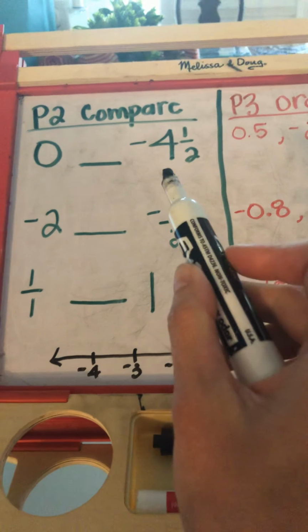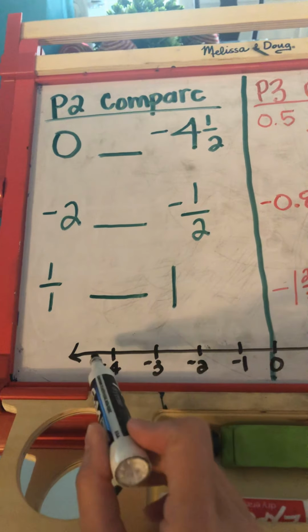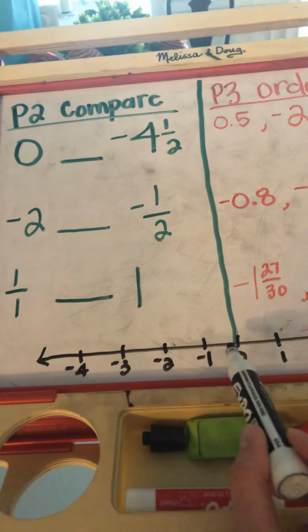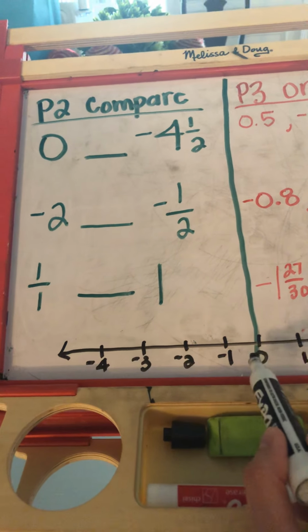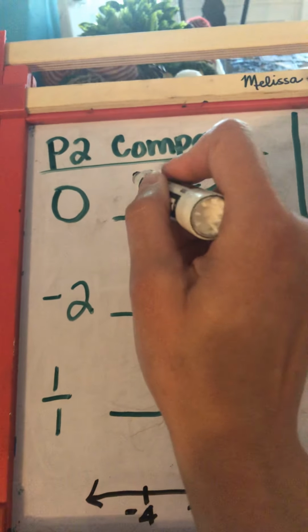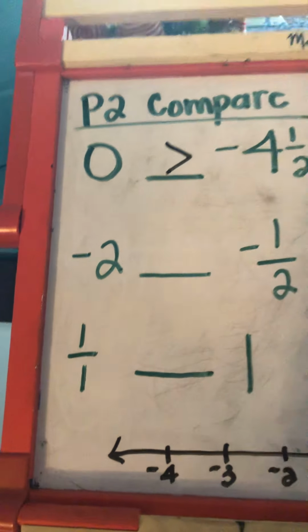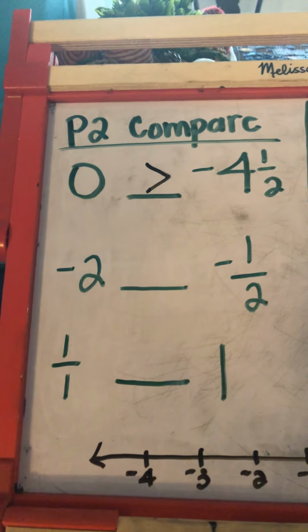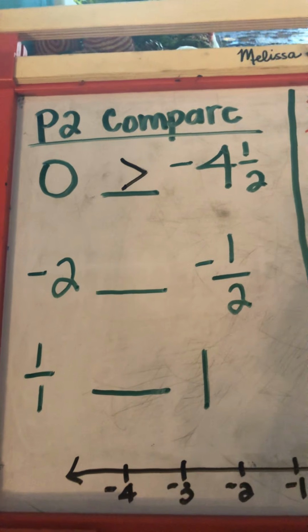So -4.5 would actually be past -4 right here, but it's going to be way over here, and 0's right here. So the number to the right is 0. So we know that 0 is actually not positive or negative, it's a neutral number, but it is greater than any negative number.